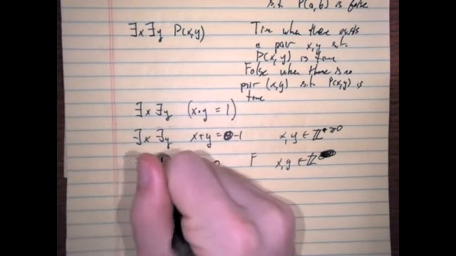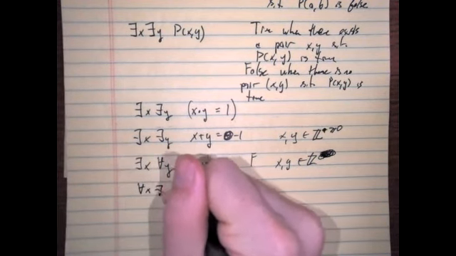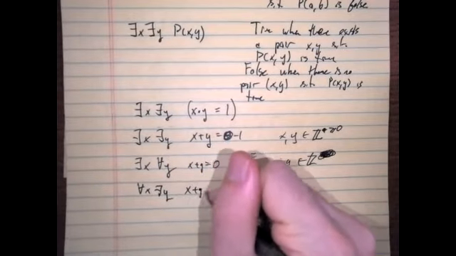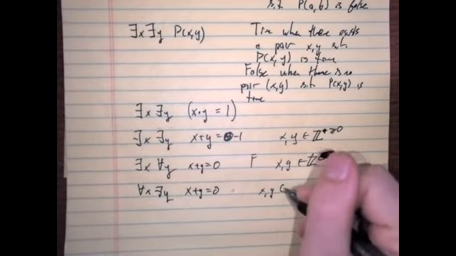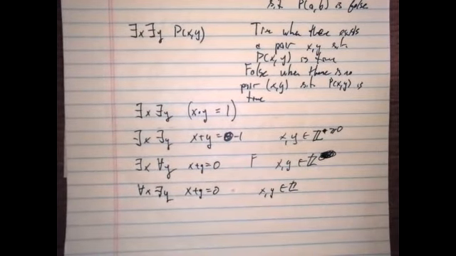What if I change things to for all x, there exists a y such that x plus y is equal to 0, for x and y in Z? Still false.